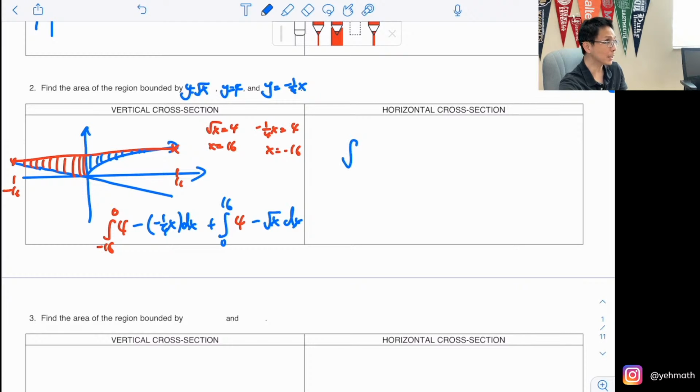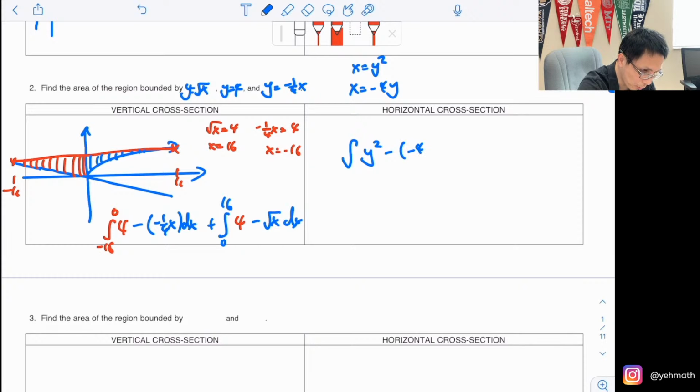So it's going to be 1 integral, right minus left. And then I can solve for that. So x equal to y squared, that's the first one, and x equal to negative 4y, I think. So it'll be y squared minus negative 4y dy between 0 to 4.